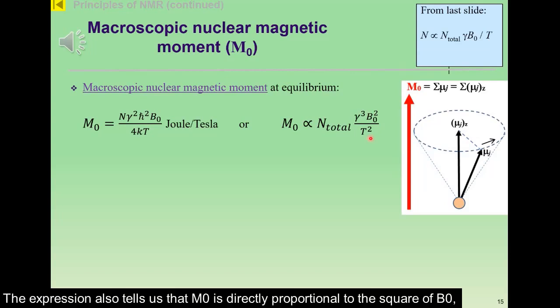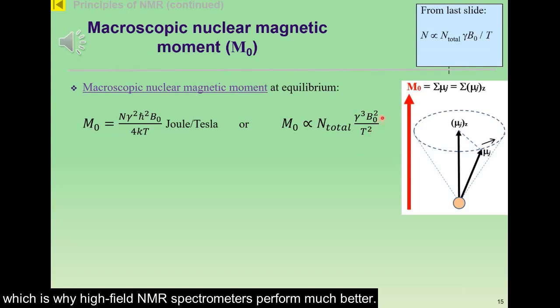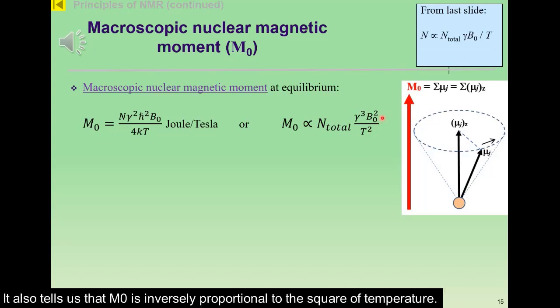The expression also tells us that M0 is directly proportional to the square of B0, which is why high-field NMR spectrometers perform much better. It also tells us that M0 is inversely proportional to the square of temperature.